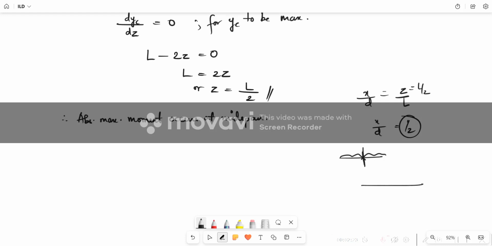If this is your AB span and this is L by 2, then your load should be placed in such a way that the CG of the load also coincides with the midspan. In that case, you get absolute maximum moment.